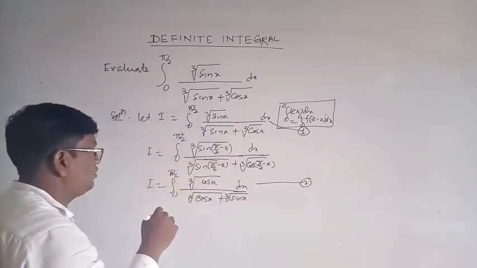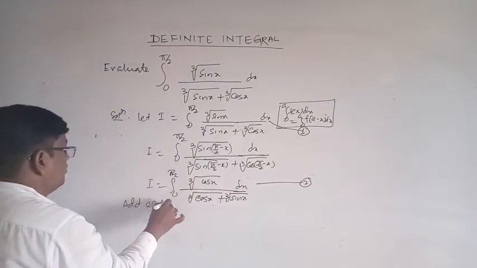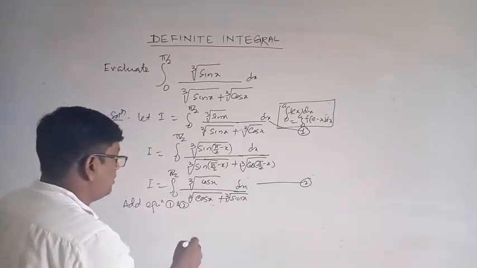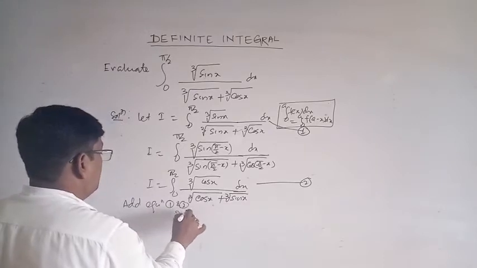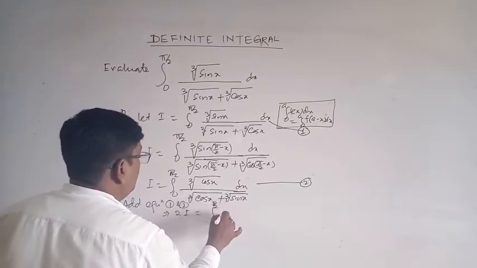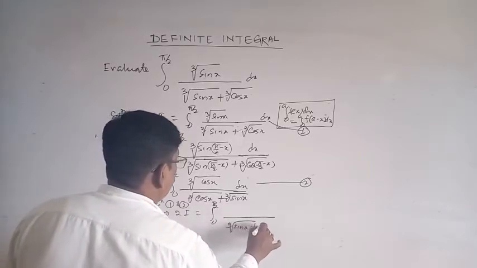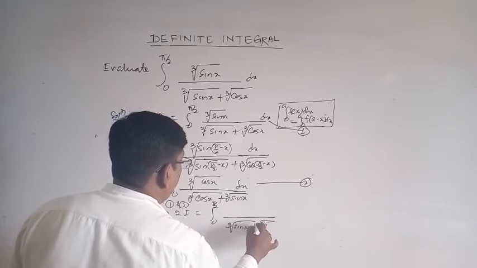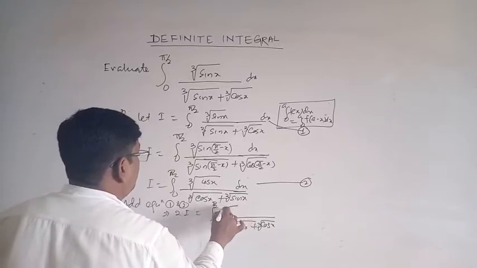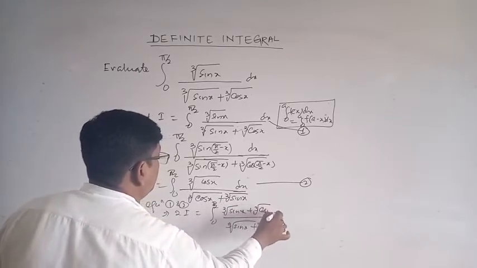Add equation 1 and 2. That is, 2I is equal to the integral from 0 to pi by 2 of cube root of sin x plus cube root of cos x divided by cube root of sin x plus cube root of cos x dx.